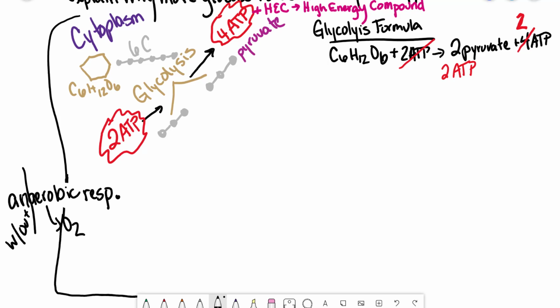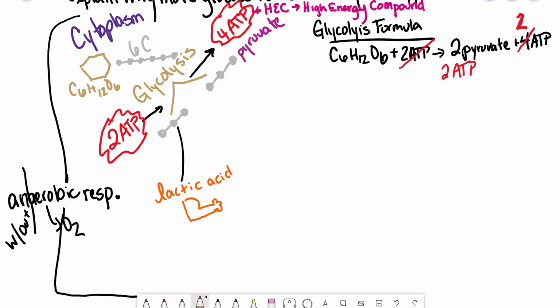The first option is to take that pyruvate and turn it into lactic acid. When we are not getting enough oxygen when we are working out, there's not enough oxygen to continue on with cellular respiration normally. So our muscles undergo lactic acid fermentation. That's why I drew a little muscle here.